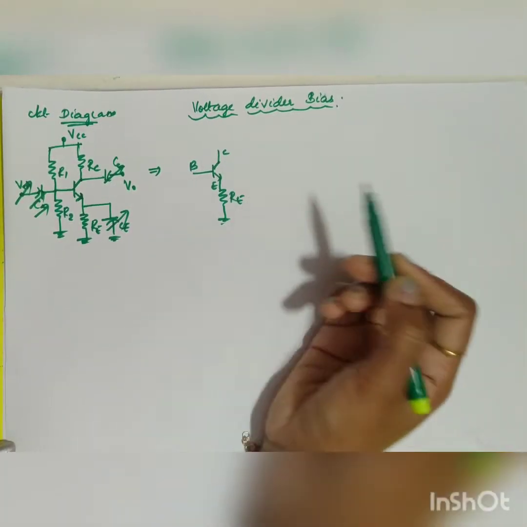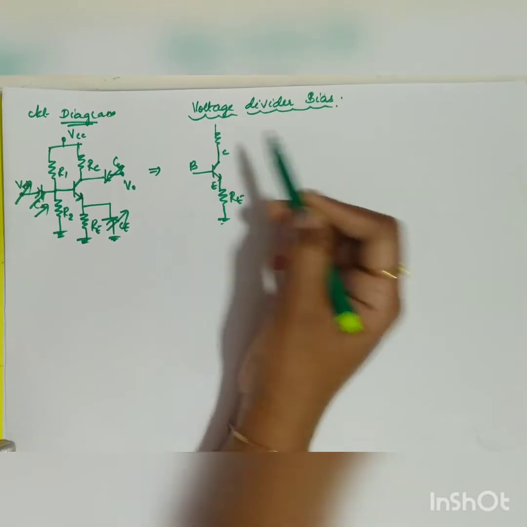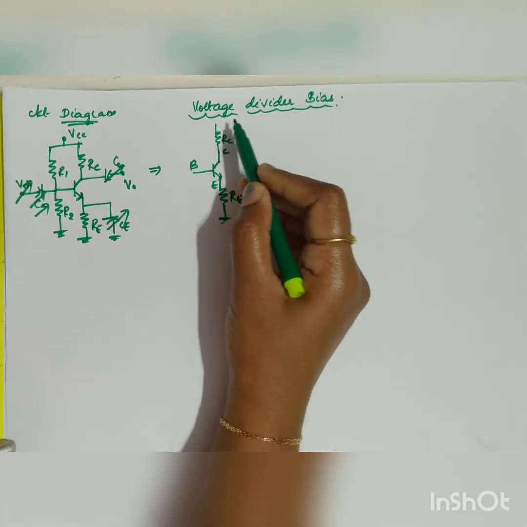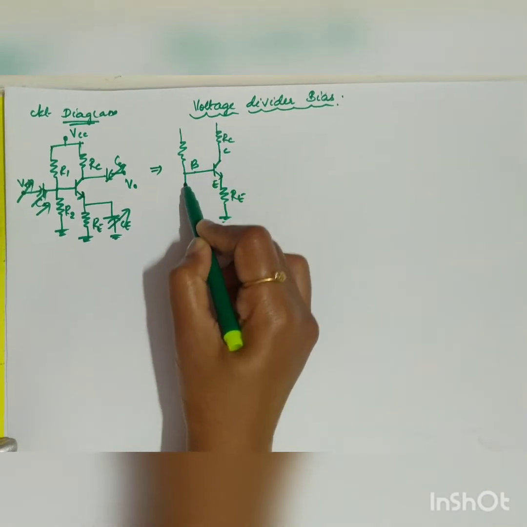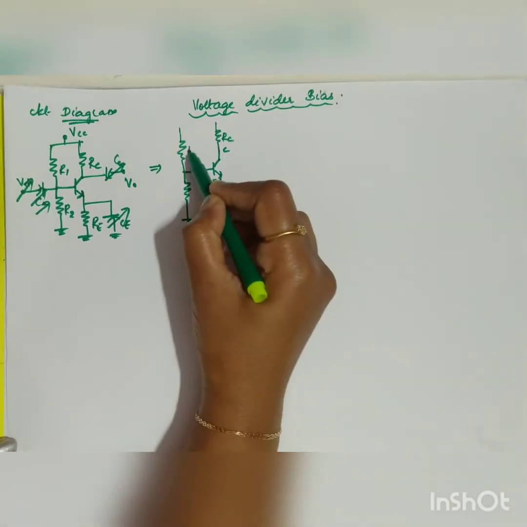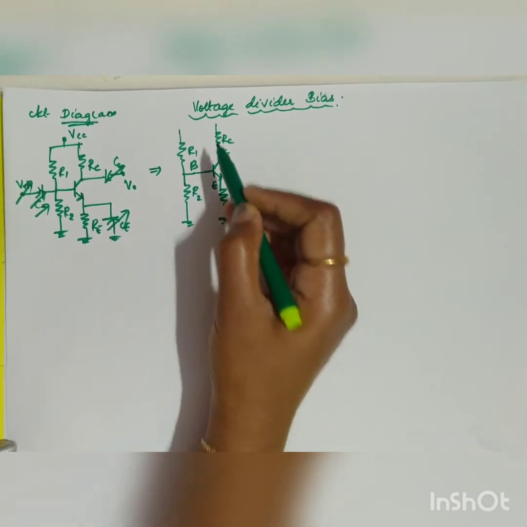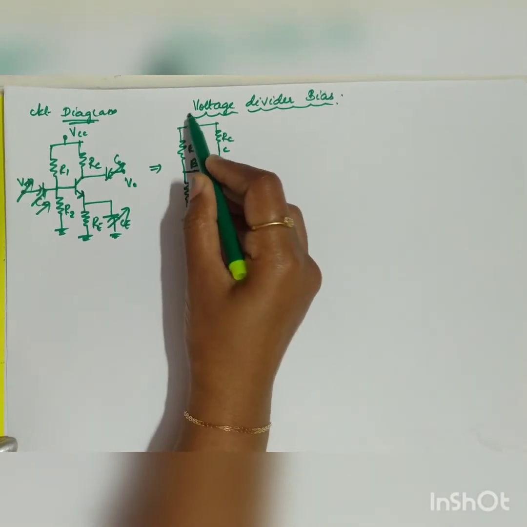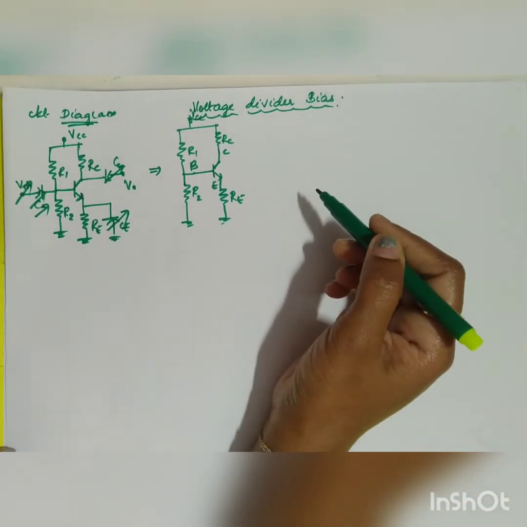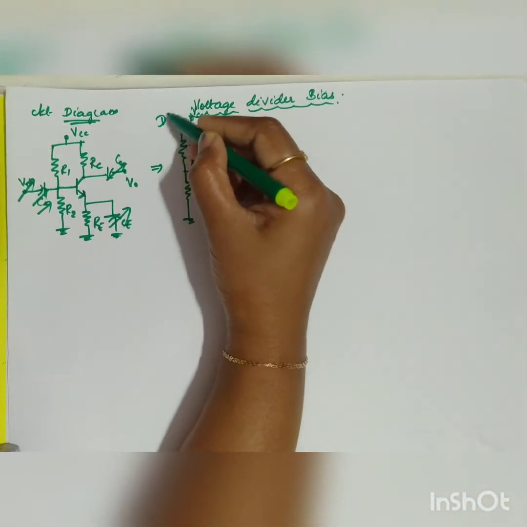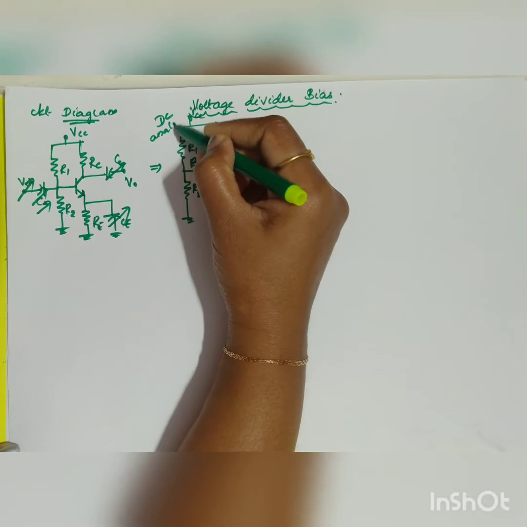You will have your resistor RE across your emitter, RC across your collector, and your two resistors R1 and R2 across your base. On the input side you will have only your DC supply voltage. So this is your modified circuit for DC analysis.